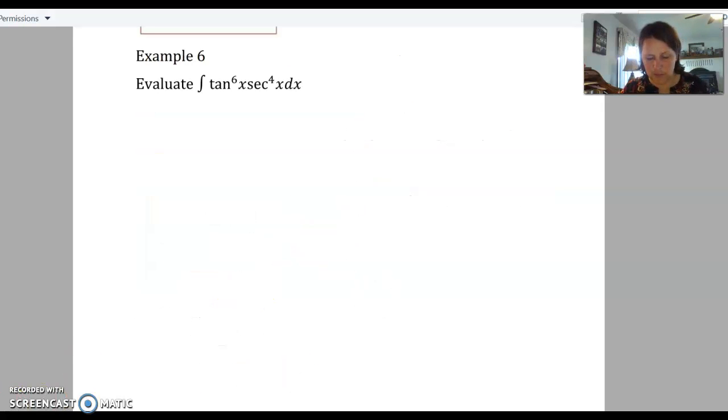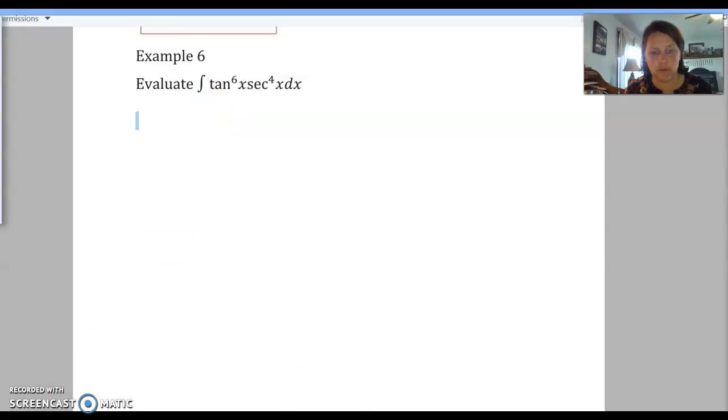Okay, so for these ones, we're going to have to look at them a little bit differently. We have our tangent to the 6th x and secant to the 4th x. So I am going to peel off 2 of these secants, and you can just kind of play around with them. There might be more ways to do them than just one.